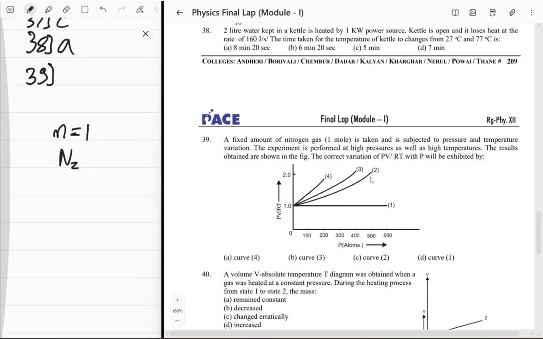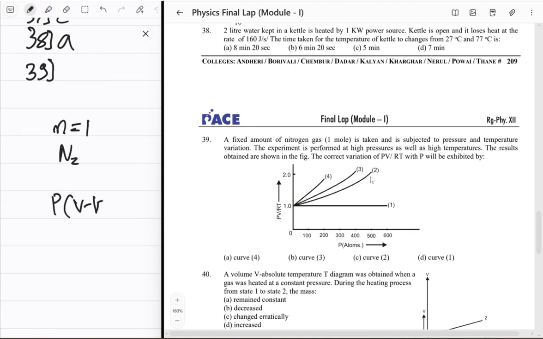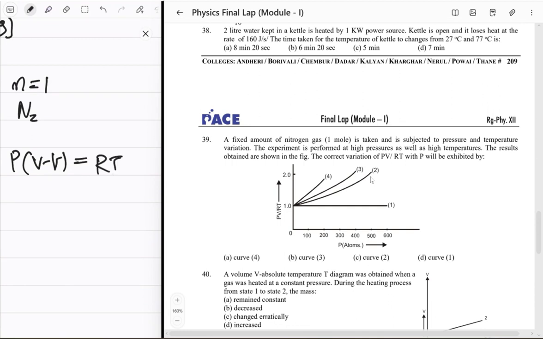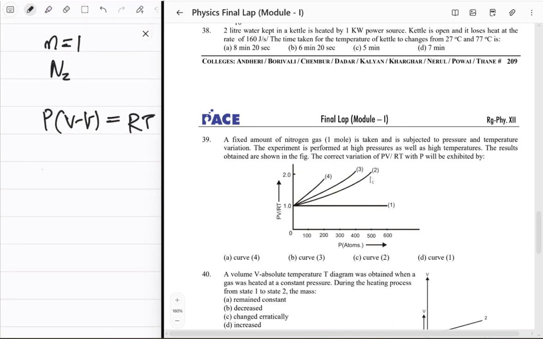At high pressure, it's approximately just P times (V minus B), molar, that is equal to RT, right? So PV upon RT is just equal to... pressure versus PV upon RT, anyway.